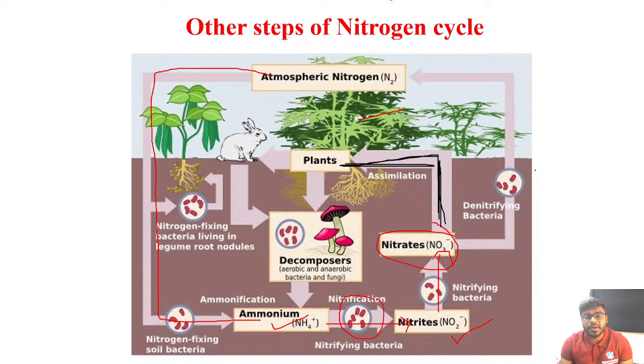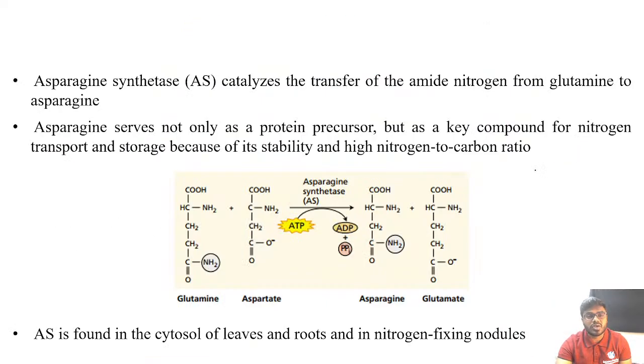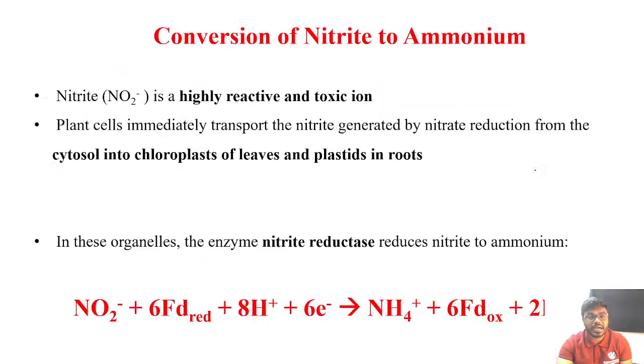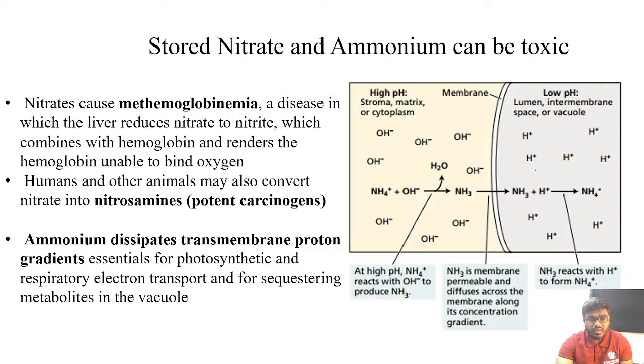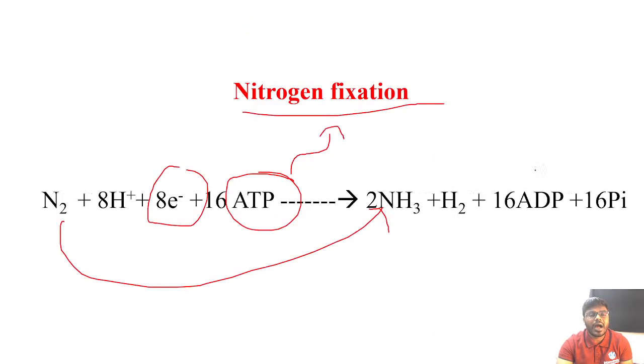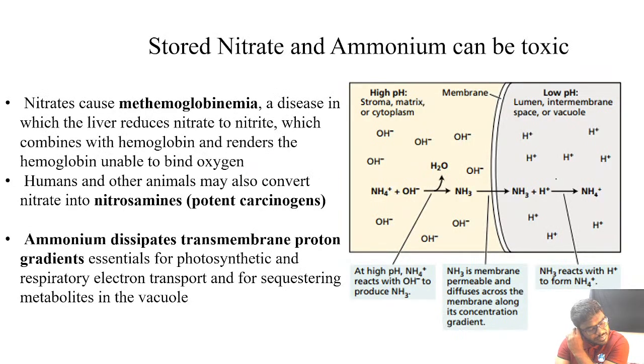So what's the statement you have to remember? Whatever NH3, NH4, NO2, NO3 are there, we should not store them under any circumstances. We have to make use of them. That is what, my friends, we call assimilation.